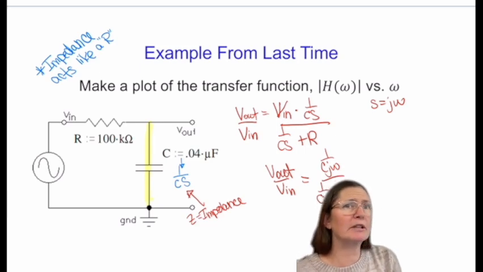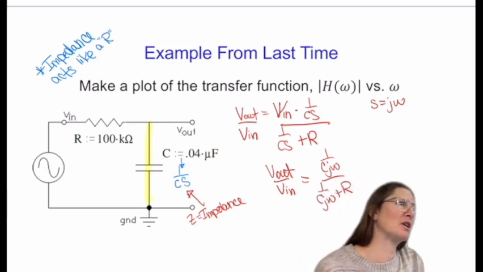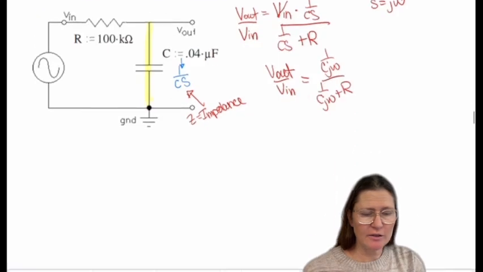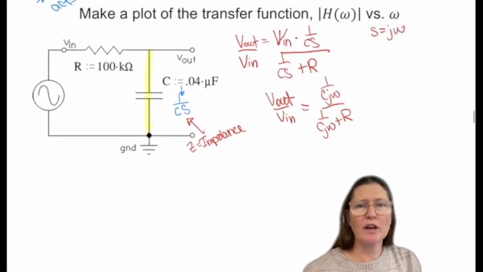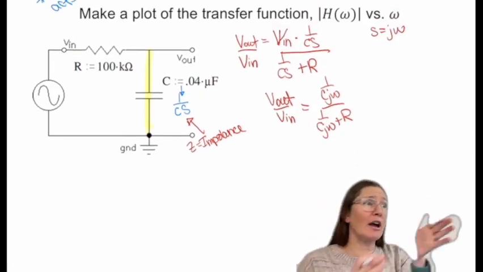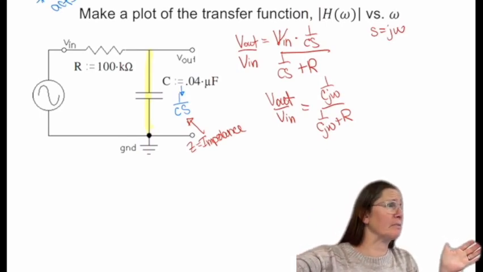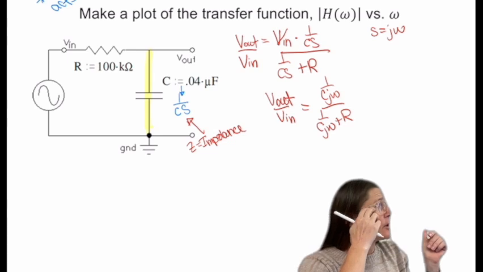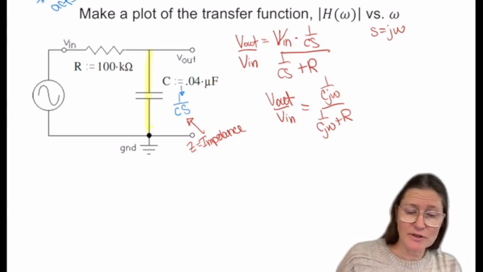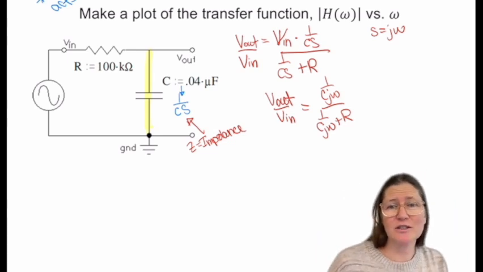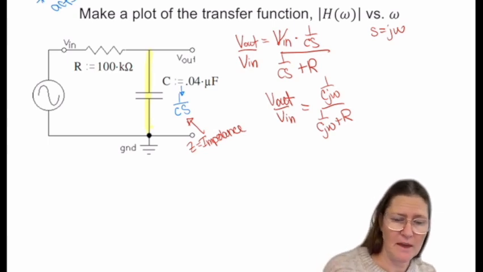So now we would be like, okay, I want to draw this Bode plot and understand what happens when I have a whole variety of frequencies. To be able to do that, we have to do a couple things. One is to get it into what we call standard form.